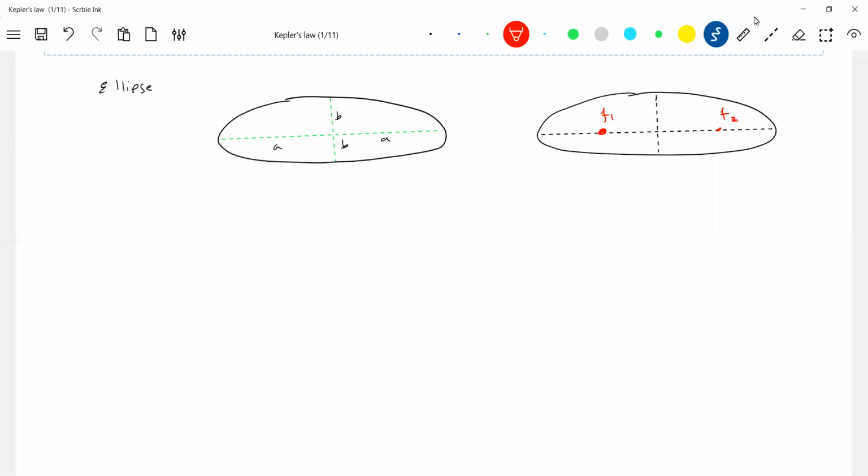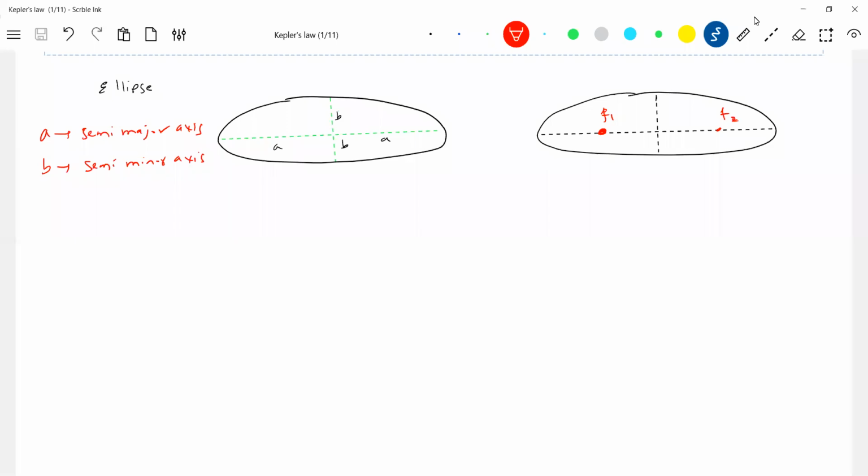There's one basic small condition. A is called the semi-major axis. Okay, agree? So there's one condition. Then what is the relationship?